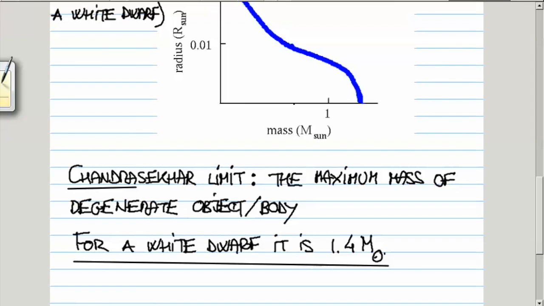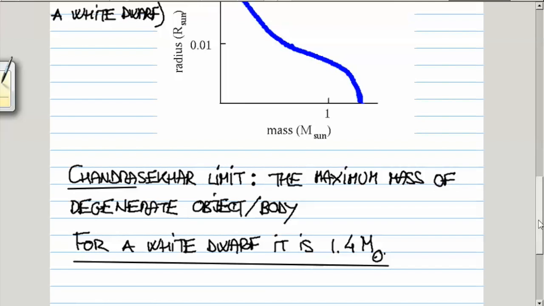So for instance, a white dwarf of a mass equal to 1 solar mass, which is still within this range, it's less than the Chandrasekhar limit, has a smaller radius than, say, a white dwarf whose mass is only half of the solar mass. Remember, the bigger the mass, the smaller the radius.